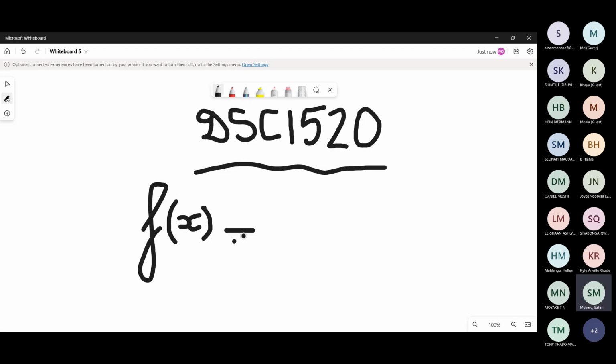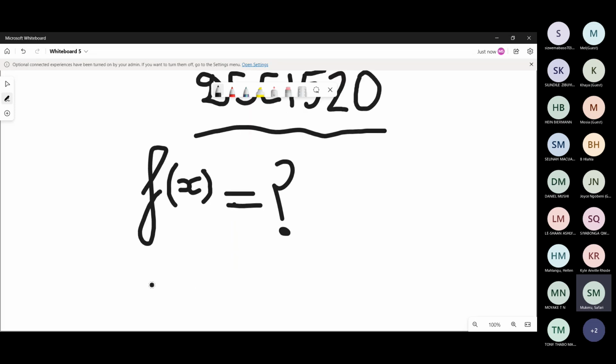So here we have a function f of x, and we are asked to find its derivative, f prime of x. It's another function which depends on the same variable x.